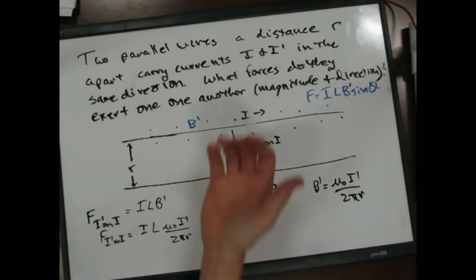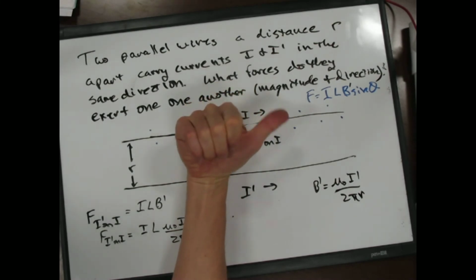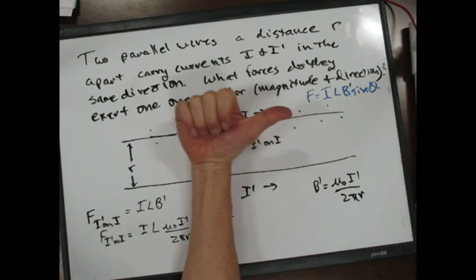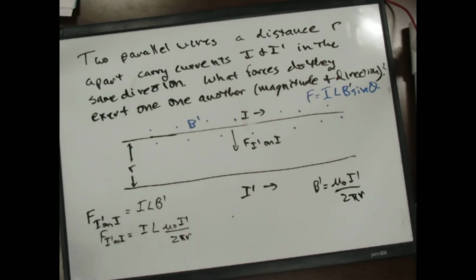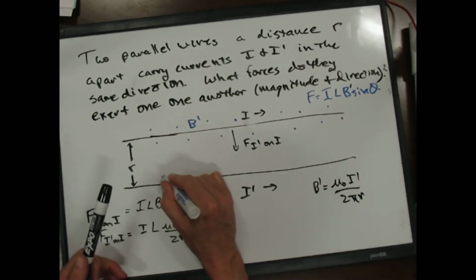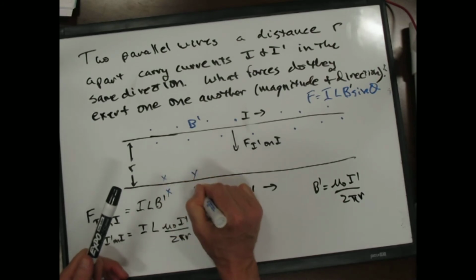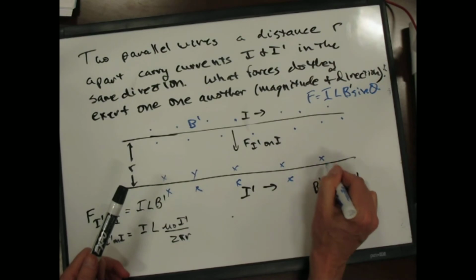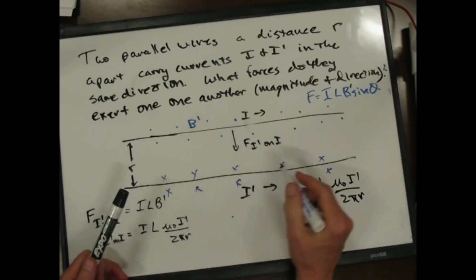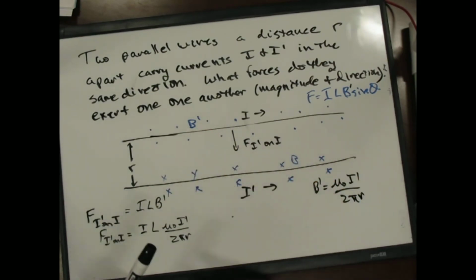Or I could do it this way, and I can say, look, on this side of the wire, here's my thumb pointing in the direction of I. On this side where my fingertips are, it's pointing down. And so I'd say, look, B points this way. B prime up here points out of the board, but B down here points into the board.